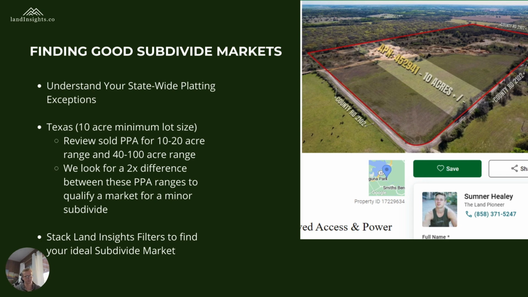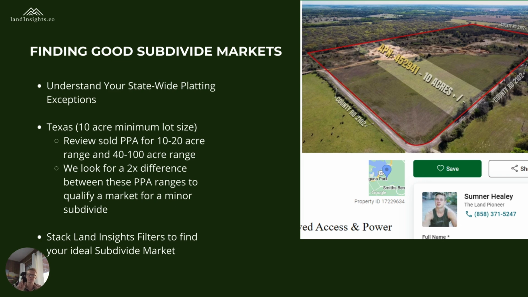So some markets, like price per acre doesn't really change between the two. In others, it's a drastic change. So we're looking for areas where it's just an absolutely drastic change. So it makes sense to do a value add, subdivide it up, and sell it off. And then we can stack Land Insights filters, and we can look for that difference, and also look for high demand, high volume, or low volume if you want low volume, and just cherry pick your absolute ideal niche market.